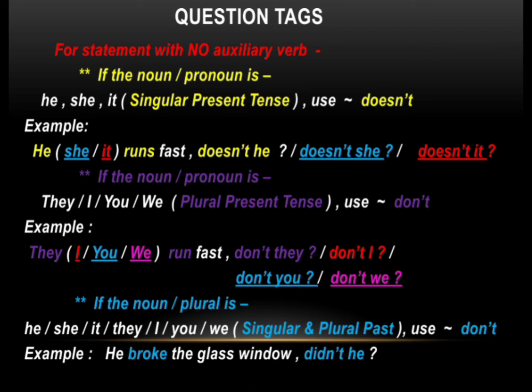So broke is the past tense and hence we use didn't. And he is the pronoun and so we use he. And the question tag is didn't he. So if the statement has no auxiliary verbs, we use the do verbs in their negative forms.